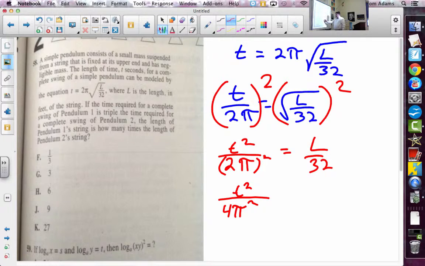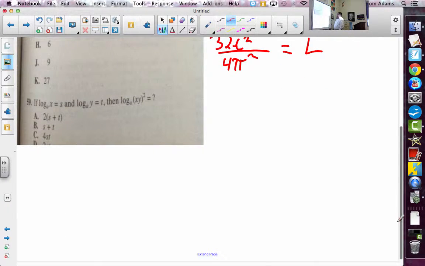Then if I multiply both sides by 32, I get 32 on the top equals L. Because 32 divided by 4 is 8, this becomes 8 t squared over pi squared is equal to L.